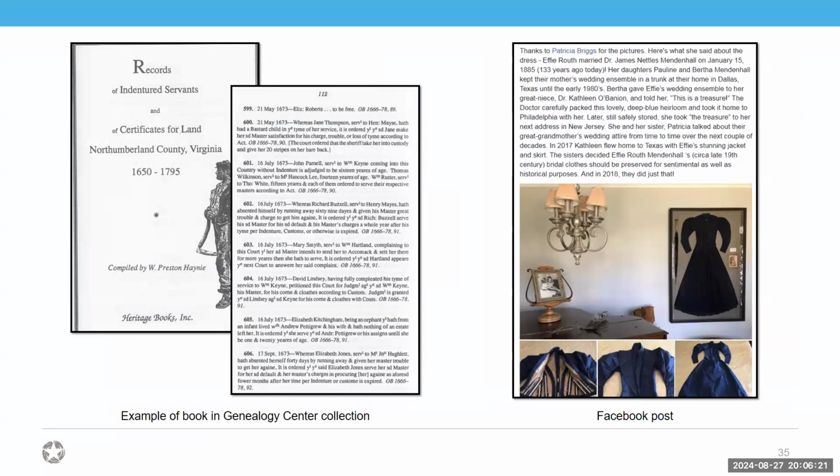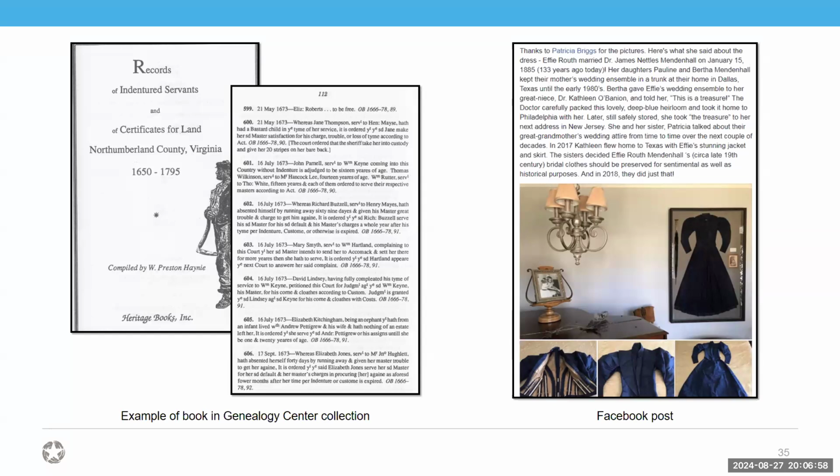These are just some other sources by women that are in our collection and can mention surnames. So for example, records of indentured servants and of certificates for land in the 1600s and 1700s in Virginia. It has first names, last names, ages, years. It has a lot of good dates and information about women specifically, which you might not have thought would be in something like that.